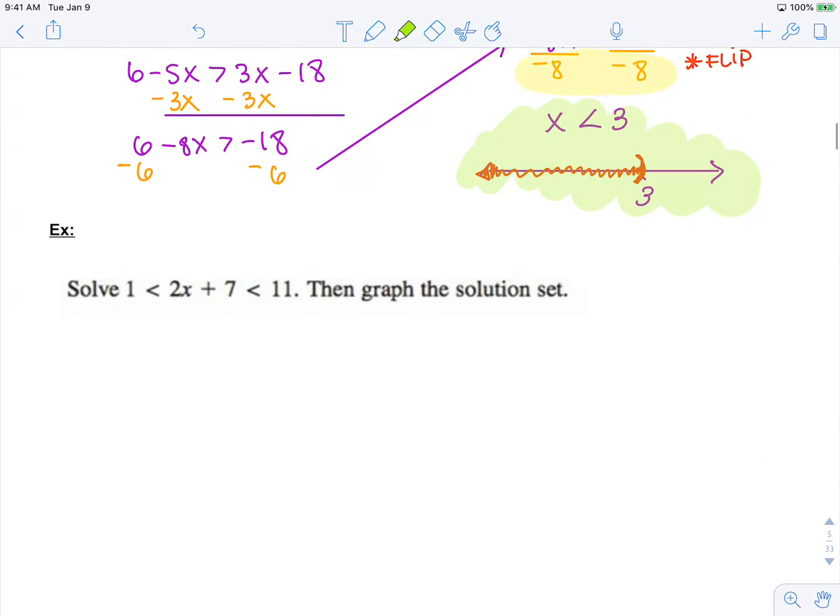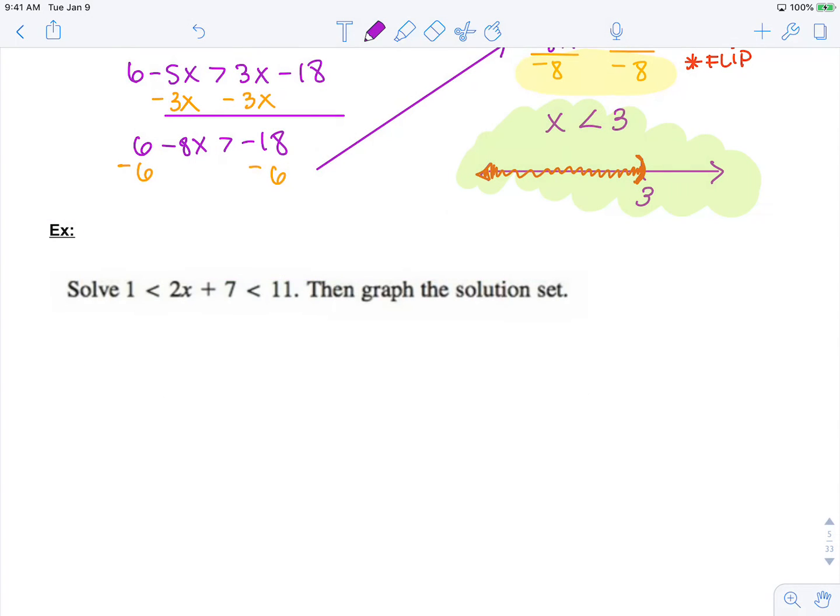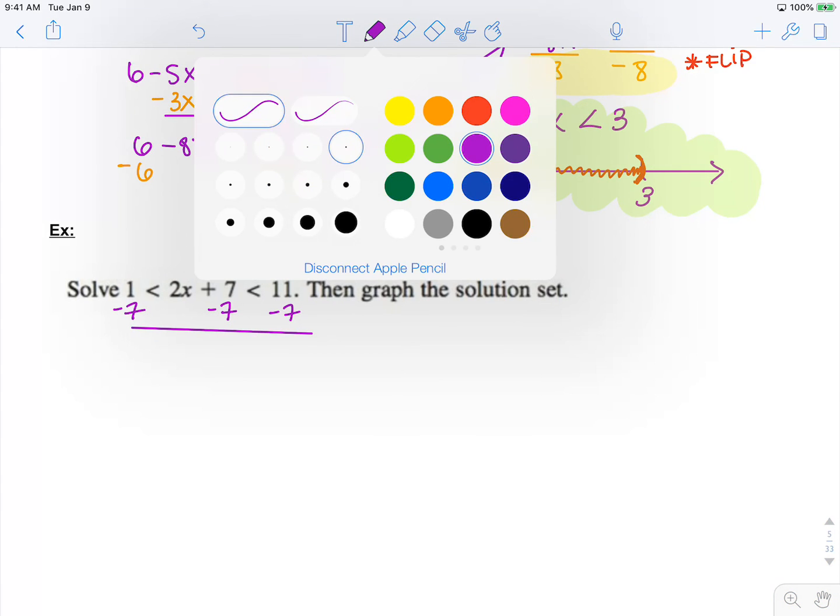Last one on this page, solve and graph. This one is called a compound inequality because this inequality is compounded in between these two endpoints, so I'll solve the middle. I'm going to subtract 7, but if I subtract 7 from the inside, I have to do it from all 3 sides of this inequality to keep it balanced.